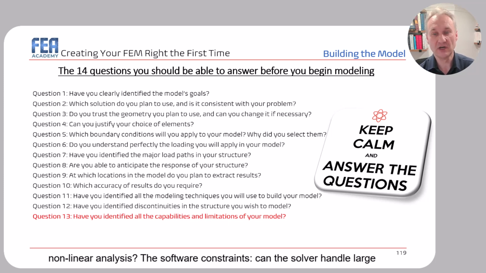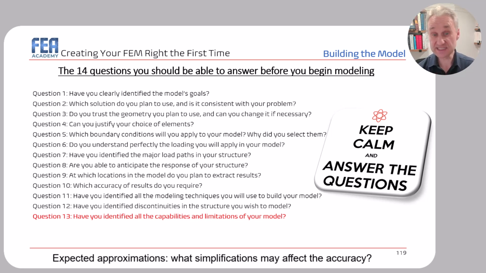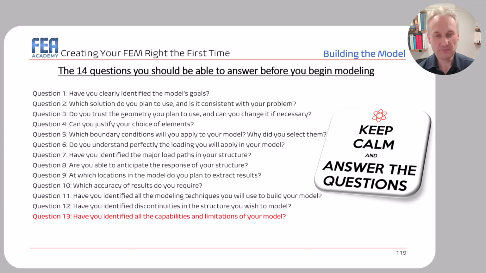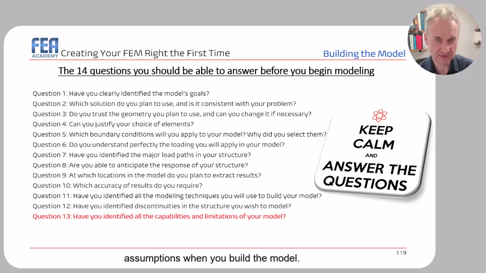Can the solver handle large deformations, contact, or plasticity? Expected approximations. What simplifications may affect the accuracy? Being aware of limitations prevents misinterpretations of results and wrong assumptions when you build the model.